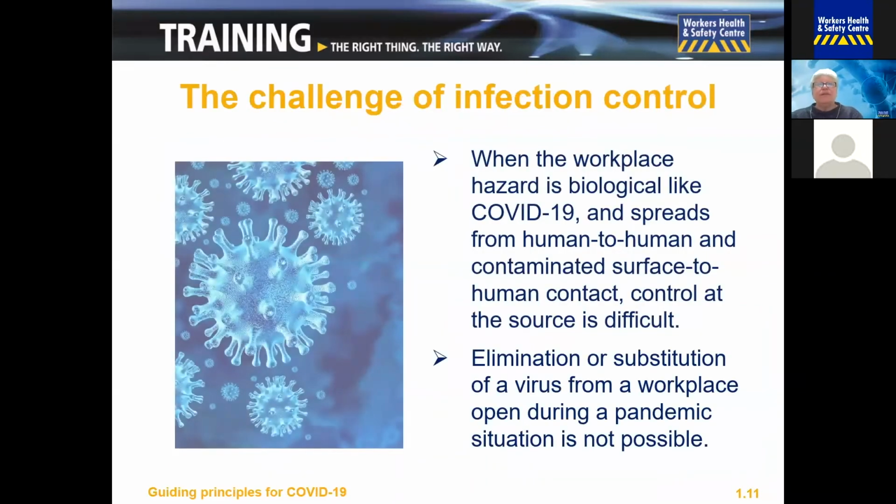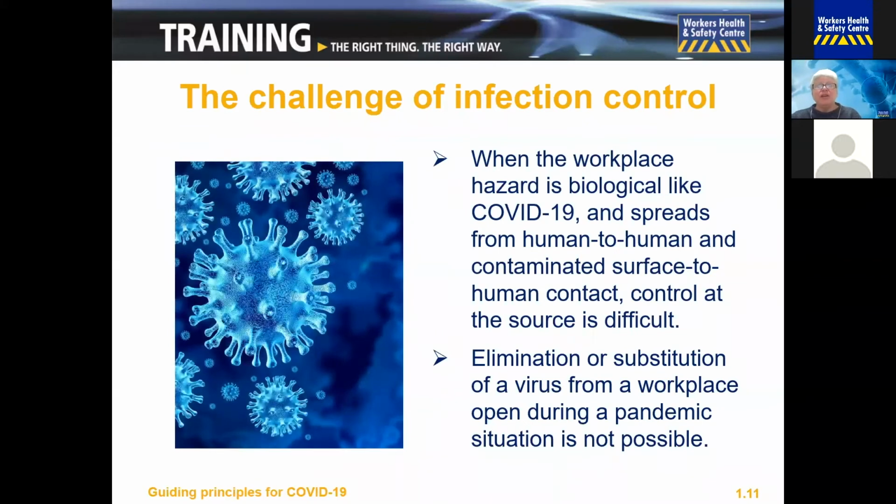Of course, when the workplace hazard is biological, like COVID-19, and spreads from human to human and contaminated surface to human contact, control at the source is difficult. Elimination or substitution of a virus from a workplace which is still open during a pandemic is not possible.